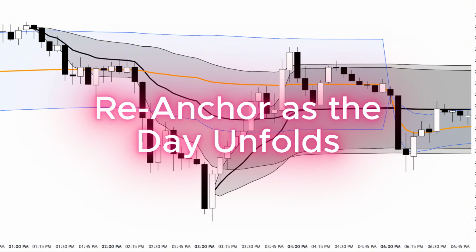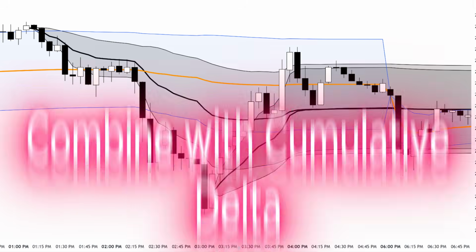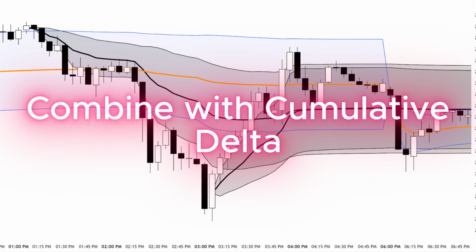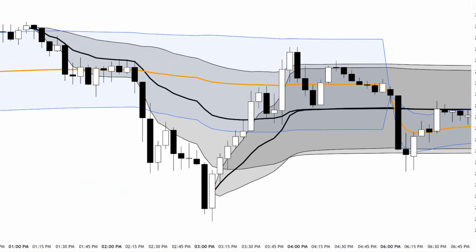Re-anchor mid-session as new ranges develop. This is especially effective during trend days where price builds multiple micro distributions. And finally, combine anchored VWAP with delta. A reclaim of anchored VWAP with cumulative delta surging, that's usually not a head fake. That's going to be the real move.